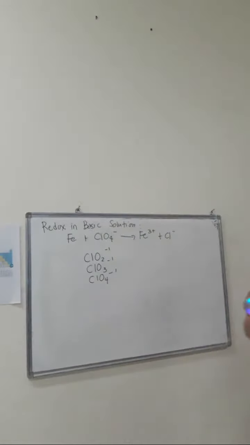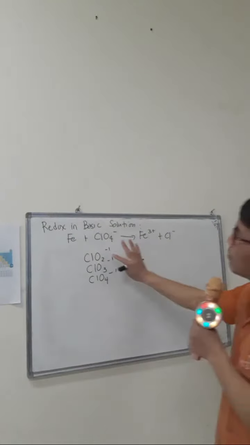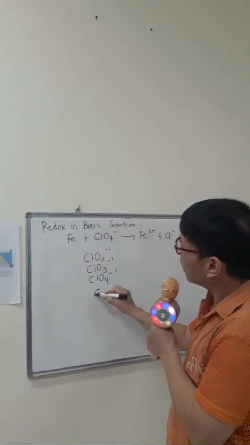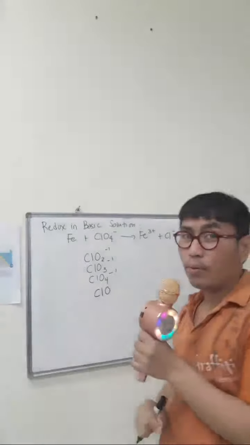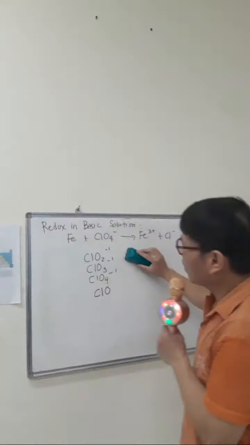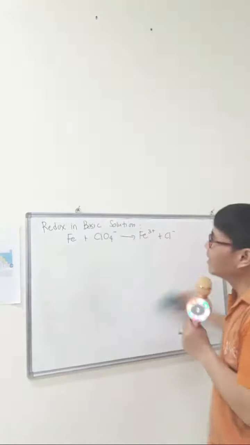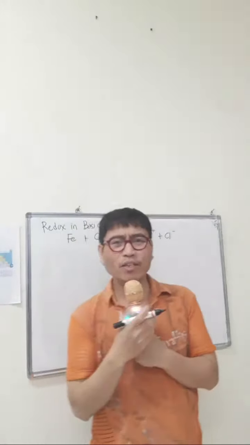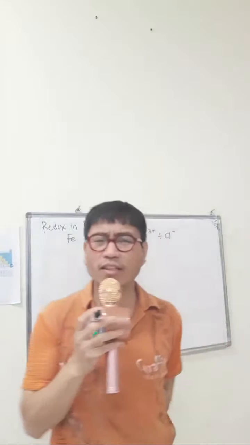If there's no subscript, how do we call this one? ClO, hypo, hypochlorite. Correct me if I'm wrong.